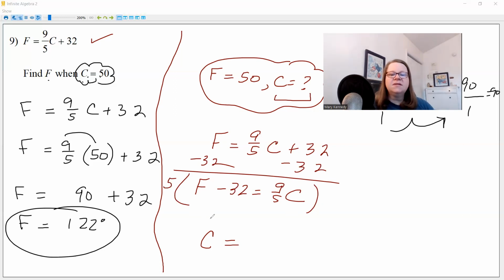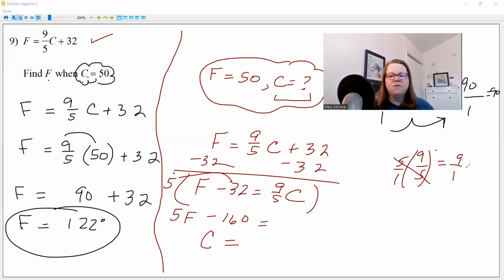So 5 times F is 5F, and 5 times negative 32 is negative 160, and then equals 5 times 9/5. Remember that we can cancel those, divide to equal 1.